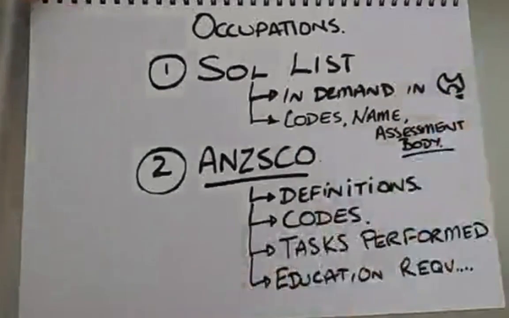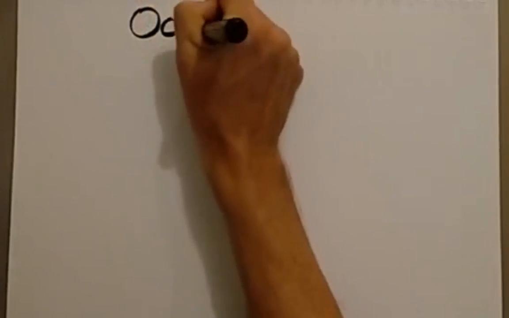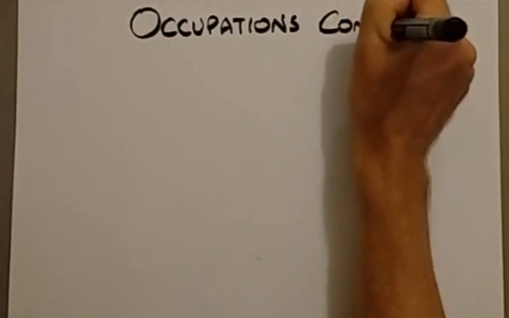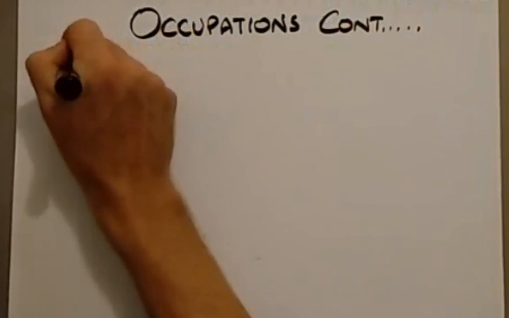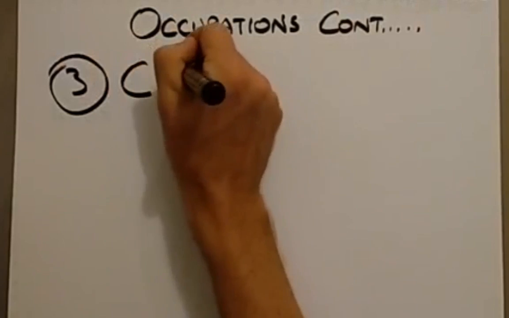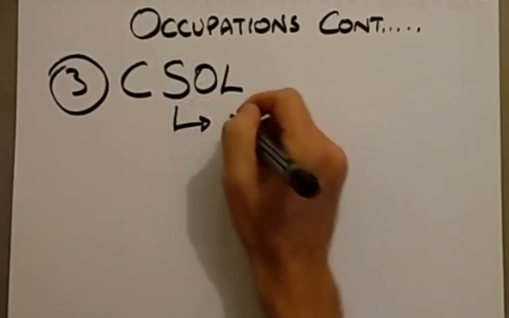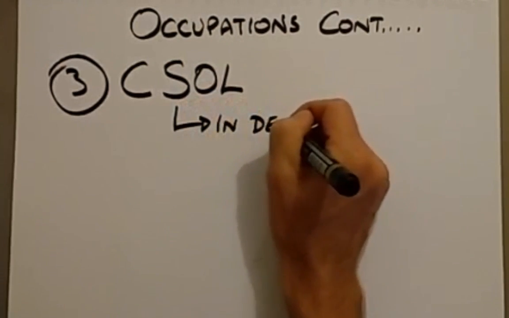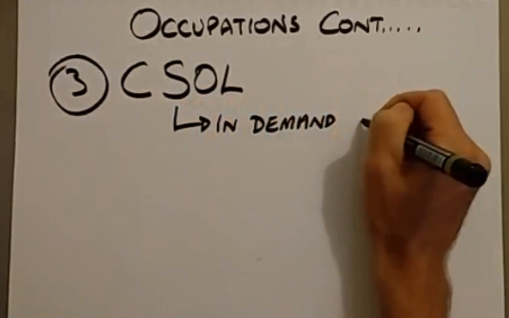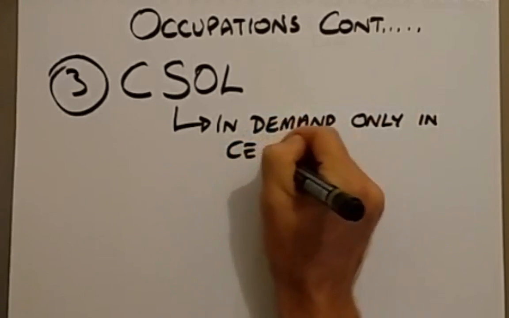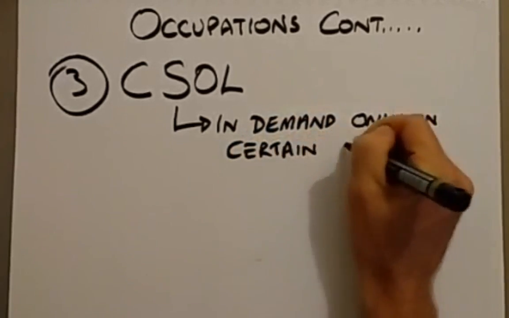Now, don't be discouraged if your occupation is not on the SOL list, because there are other independent skilled visas available to you. These are on what we call the CSOL list, which is the Consolidated Skilled Occupation List. The main difference between this list and the SOL list is that these occupations are in demand, but not in high demand.